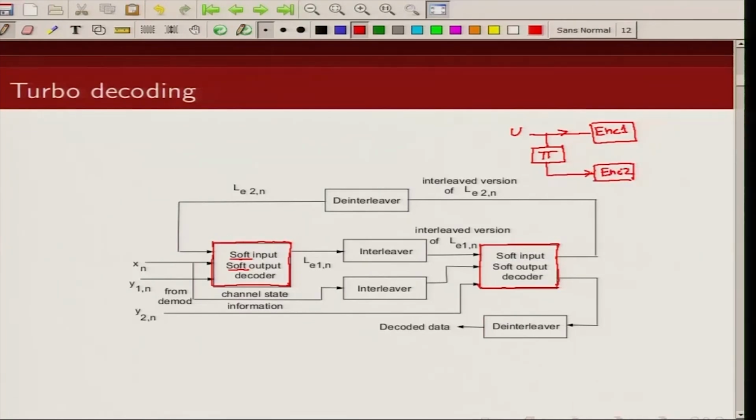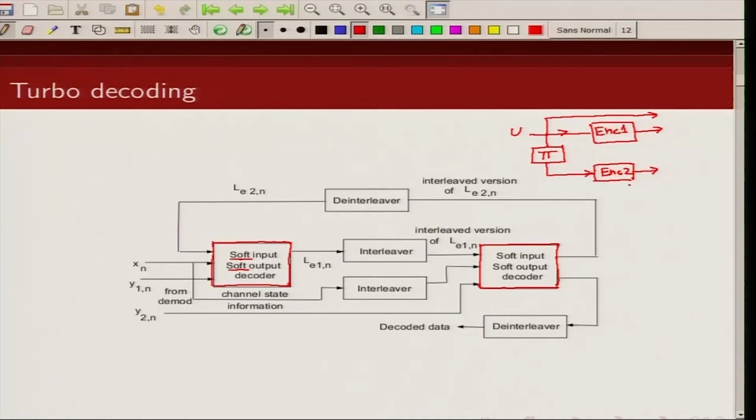The three outputs were: first, the information bits; second, the parity bit coming out of the first encoder; and third, the parity bit coming out of the second encoder. So, these were the three outputs of a turbo encoder.